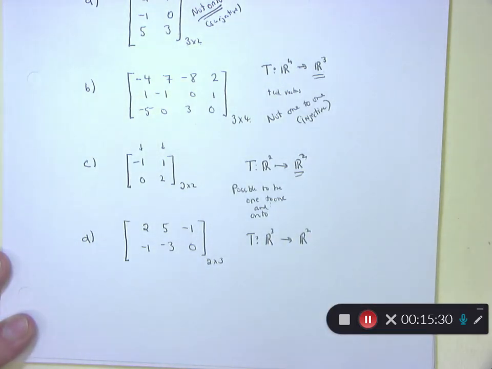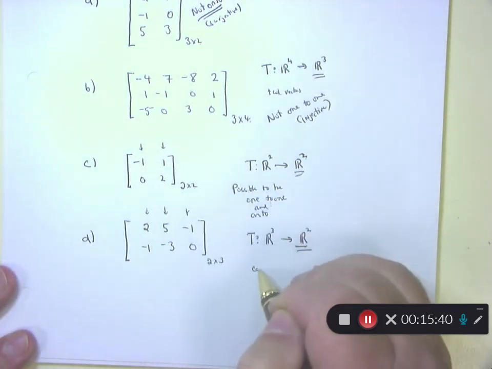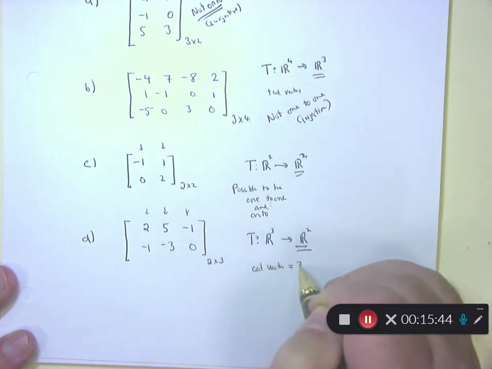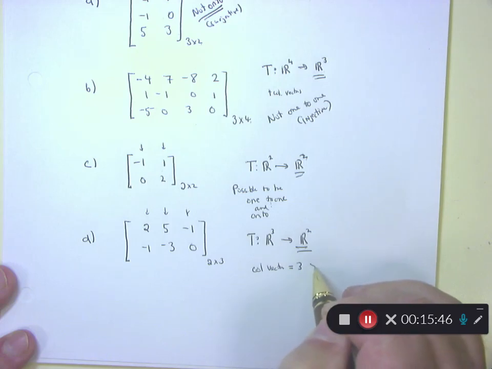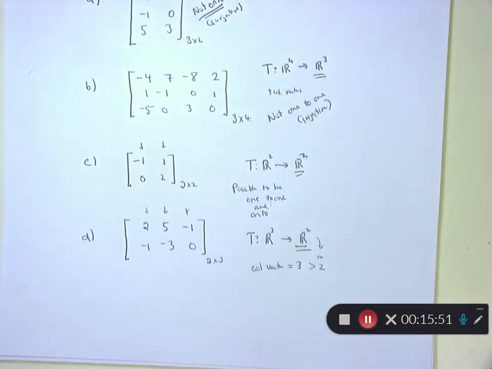Who is my M? R2. 2 is the M. You got it. How many column vectors do I have? Just by looking at it, how many column vectors? 3. 3 is strictly bigger than 2. This is that M number you're talking about. So can you tell me what's going on with this one?